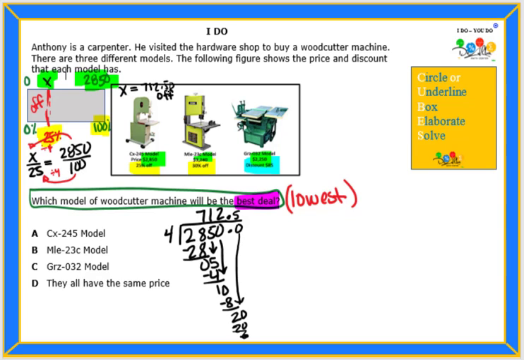So we're not quite done figuring out the price of that model. So now we know that the total price was $2,850, but we're going to save $712.50. So we'll put 0.00, 0.50. 0 minus 0. Here we're going to have to borrow and regroup.